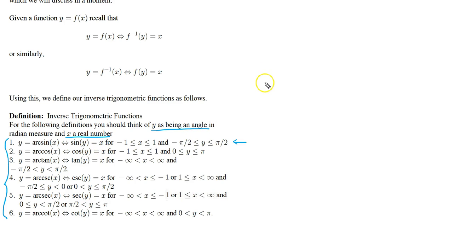So for example, we know that the sine of pi over 4 is equal to root 2 over 2. You can use a standard unit circle diagram to find that, or just use a calculator. So the pi over 4 is playing the role of the y, and the root 2 over 2 is the x. So notice that the y is an angle, and the x is a real number.